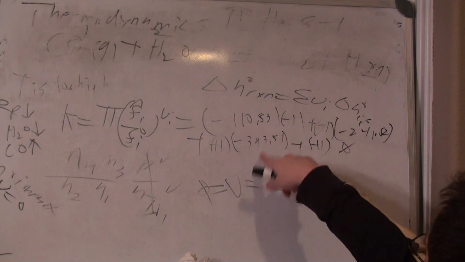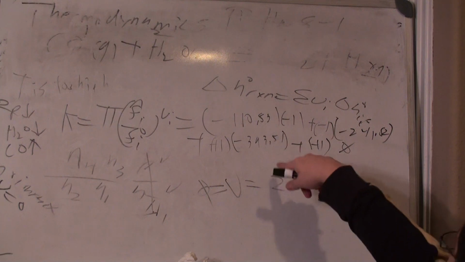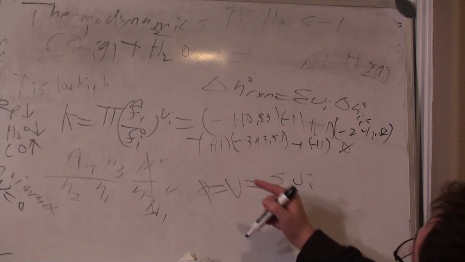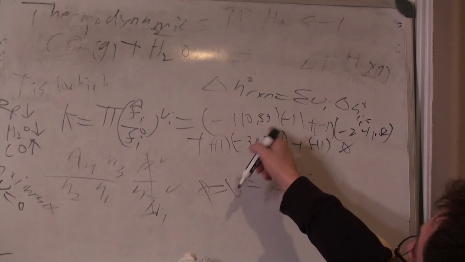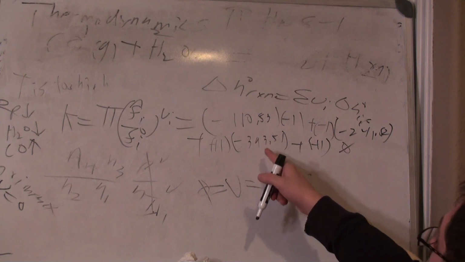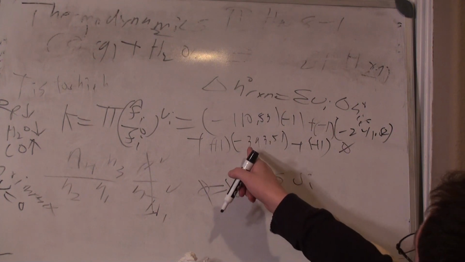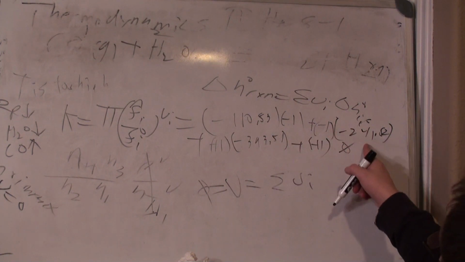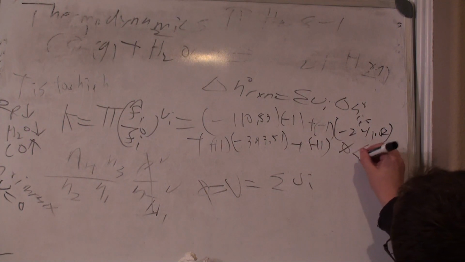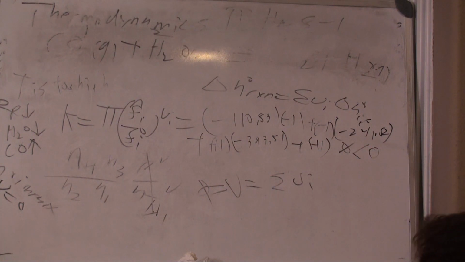Eyeballing it, I got about 503 here, 504. Well, no, I don't, because there's the minus 1. So really I have minus 283 plus 241. So I am negative, so this is less than 0.